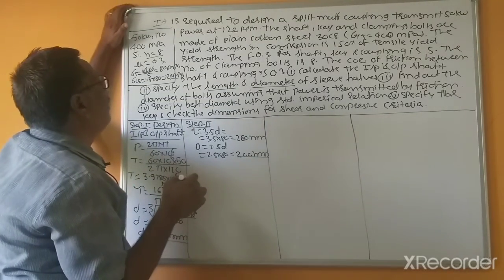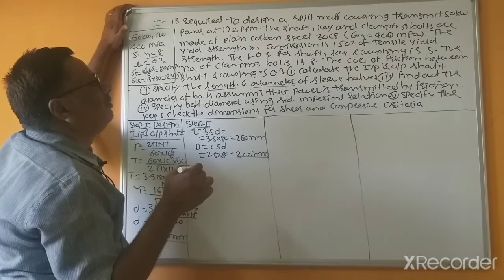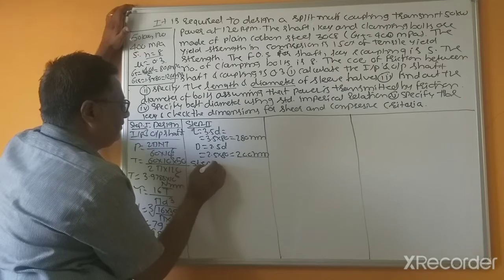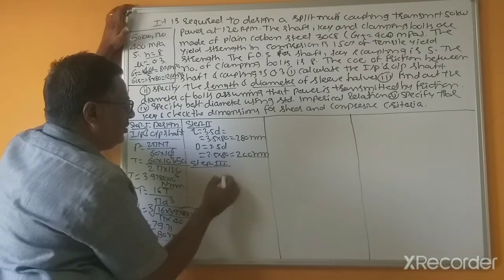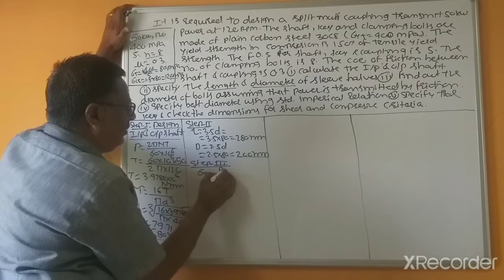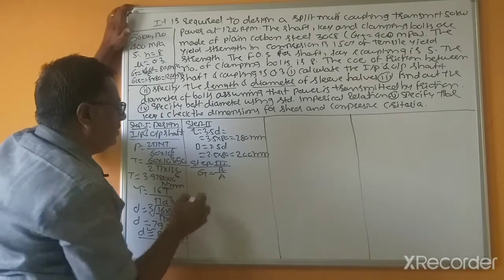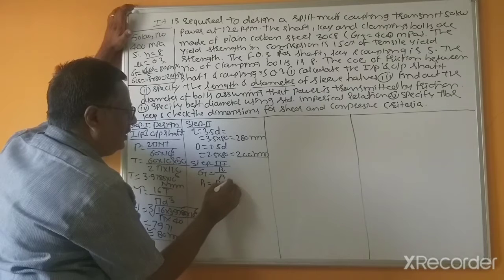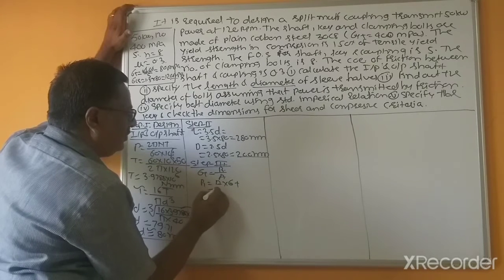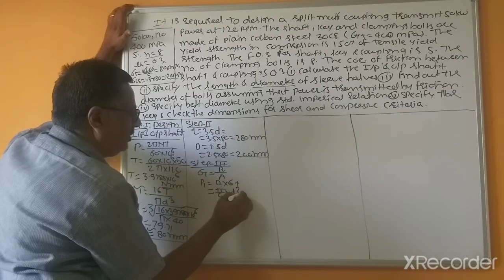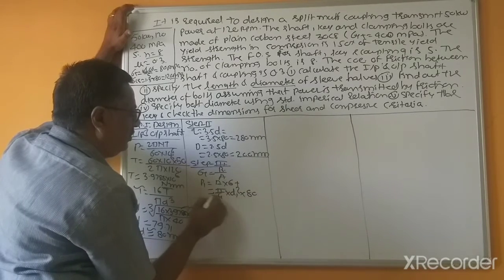Third step is to find out the diameter of the bolt, assuming power is transmitted by friction. For step third, use the relation sigma t equal to P divided by area. P1 is the force acting on each bolt, equal to area into sigma t. Area equal to pi by 4 d1 squared and sigma t equal to 80.